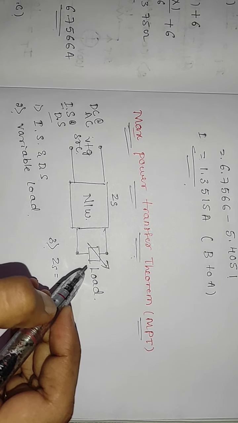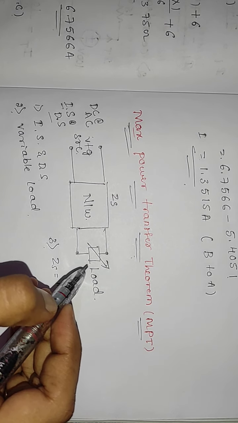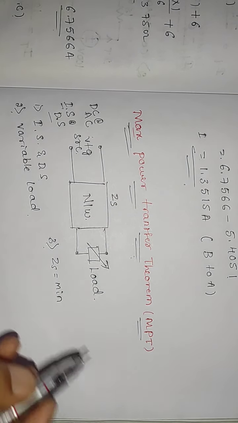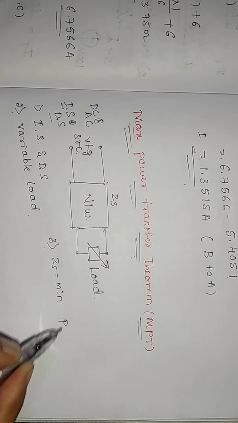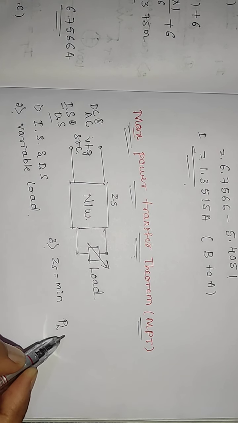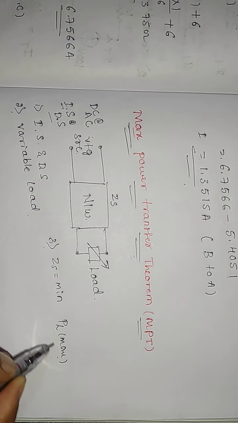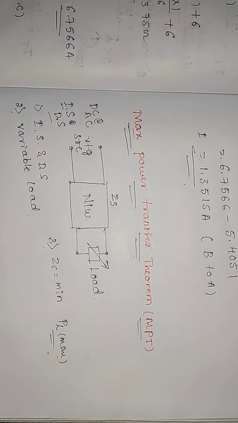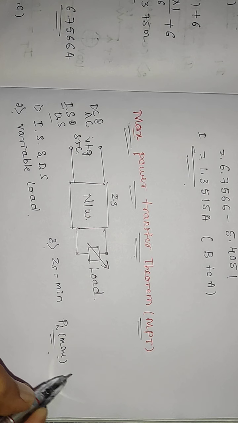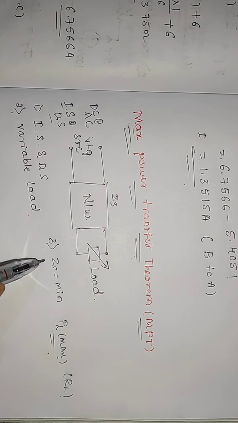That means maximum power is dissipated across the load, so you will get the maximum power across the load, right? If the load is fixed, you have to choose minimum source impedance.